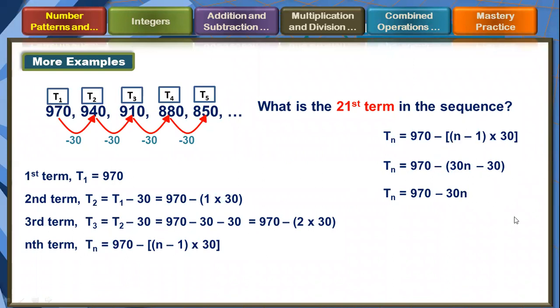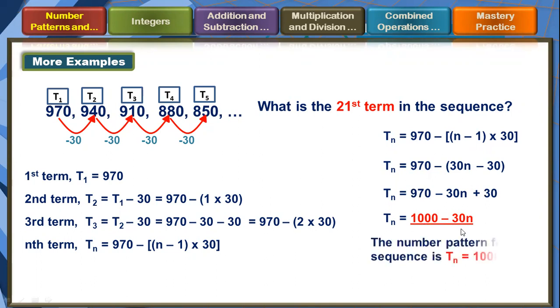So minus minus, that is plus 30. So to simplify it, this is 970 plus 30. The answer is 1000. Then we will just have to write this minus 30n. So the number pattern for the sequence is T sub n equals 1000 minus 30n.